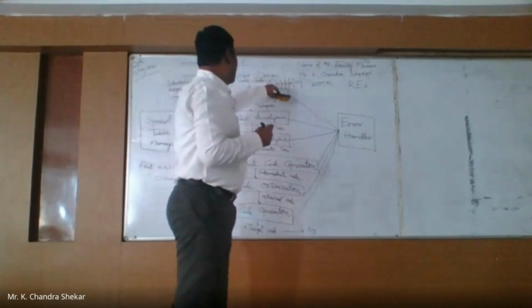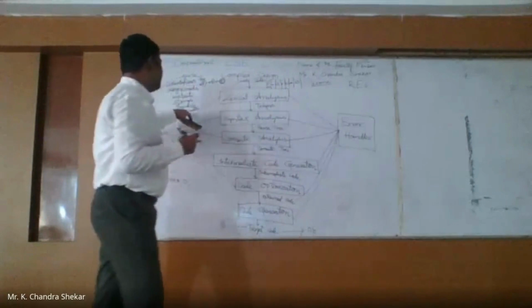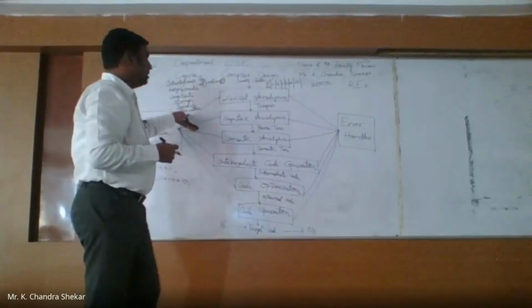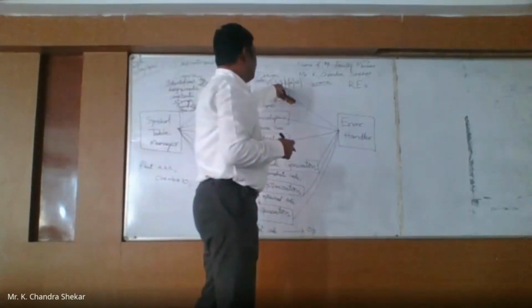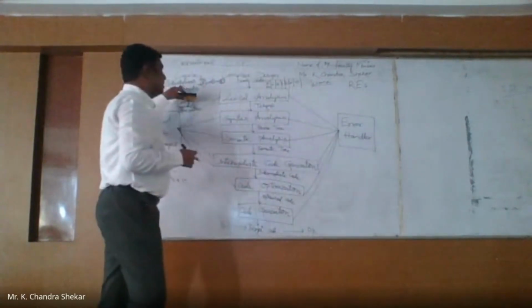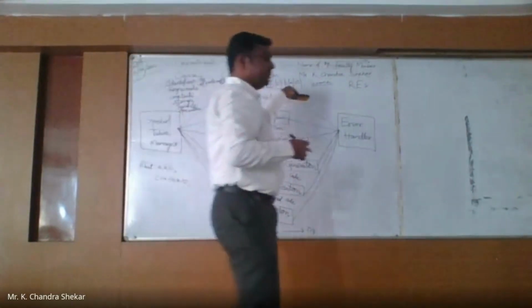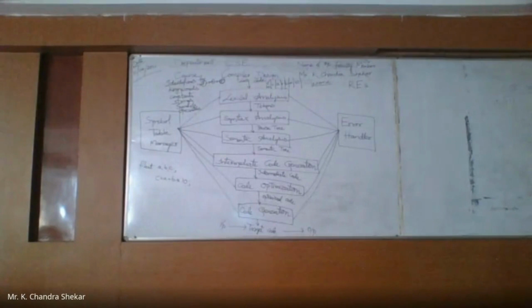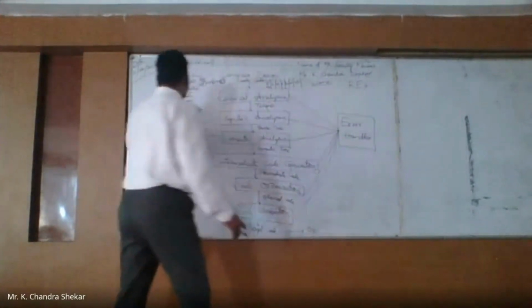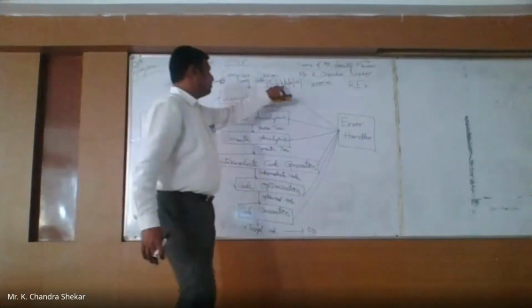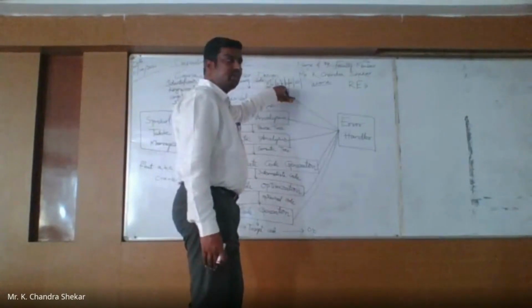Accordingly, now C is categorized as an identifier. Then you have equal to, which is nothing but an assignment operator. Then you have A, which is an identifier. Then you have plus, which is an addition operator.